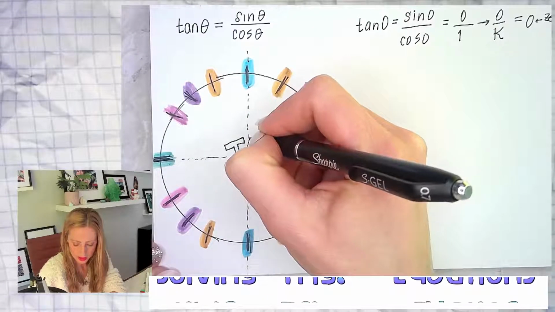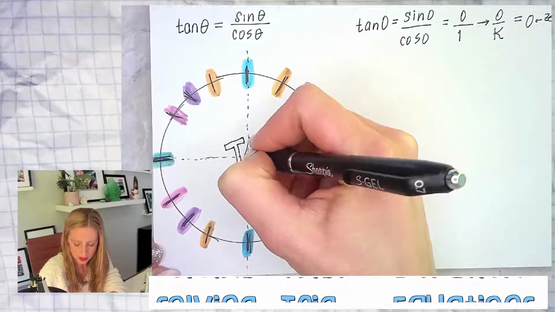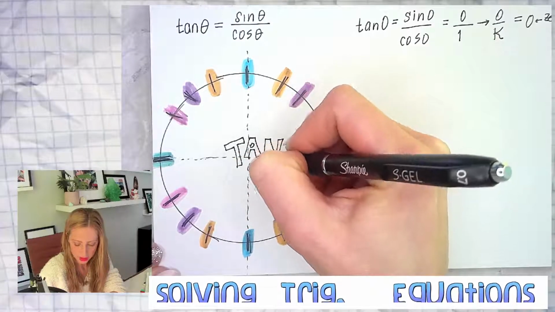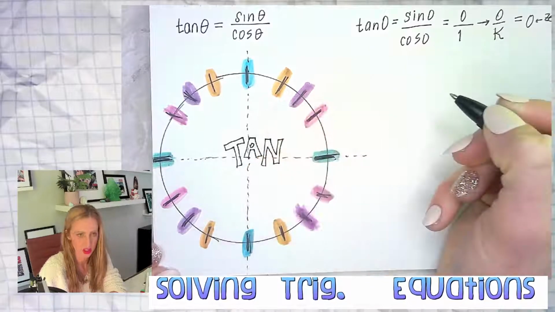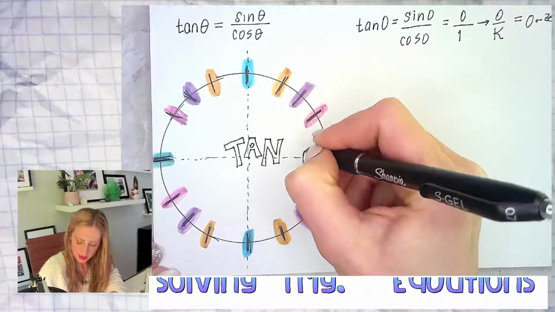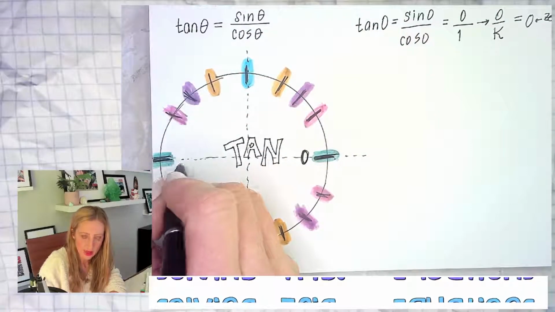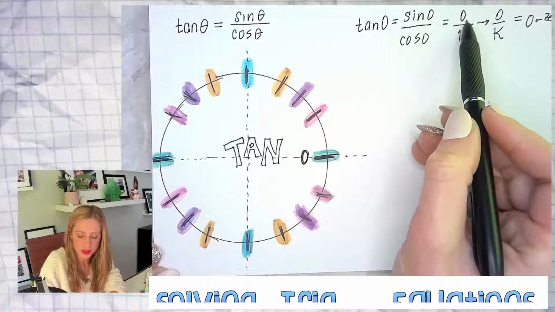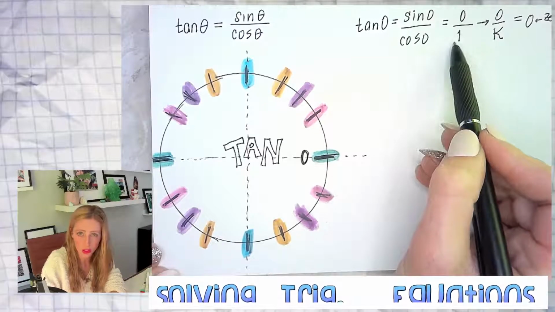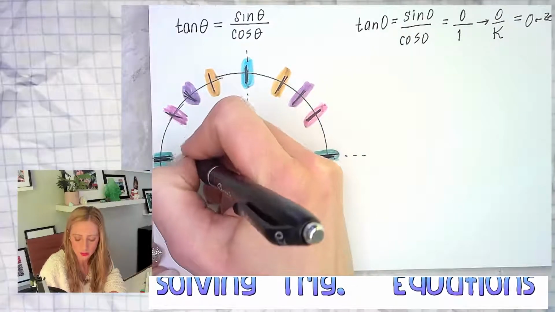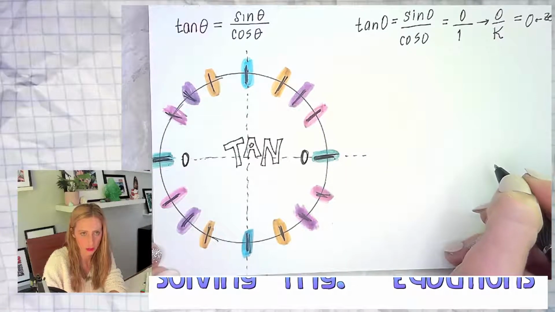All the answers on this circle are only going to be tangent, not sine or cosine. It's a special circle for you of just tangent answers. So tangent is 0 right over here. Done. Here, it's also 0 because instead of being 0 over 1, it's just 0 over -1, and 0 over something is okay. It's just 0. So that's 0 and 0 for tan.